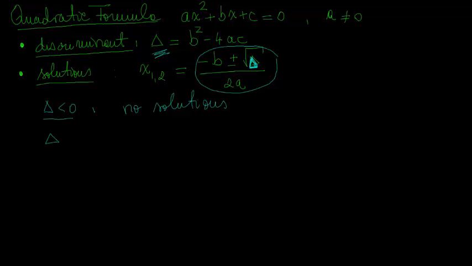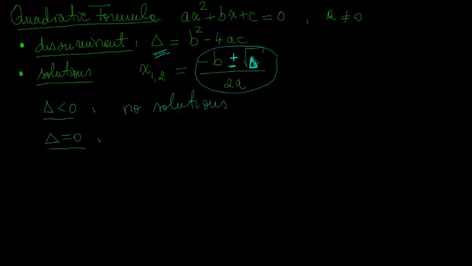If delta equals 0, then how many solutions are we going to get? Well, we have a plus or minus here in the formula, and that really is the source that's going to give me two solutions, one with plus and the other one with the operation of minus.